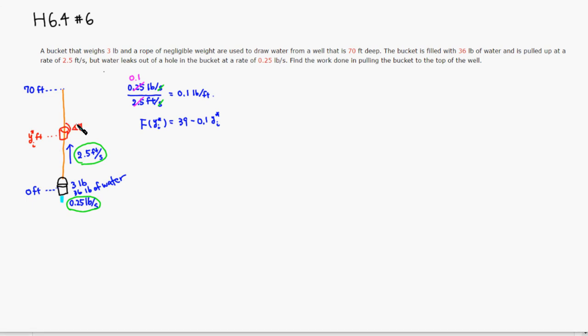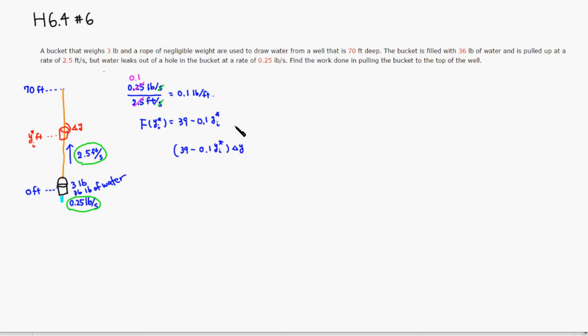So if you want the work, moving delta y would be 39 minus 0.1 yi star, multiplied by delta y.